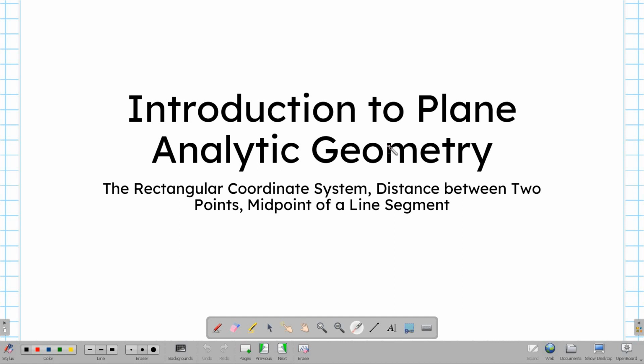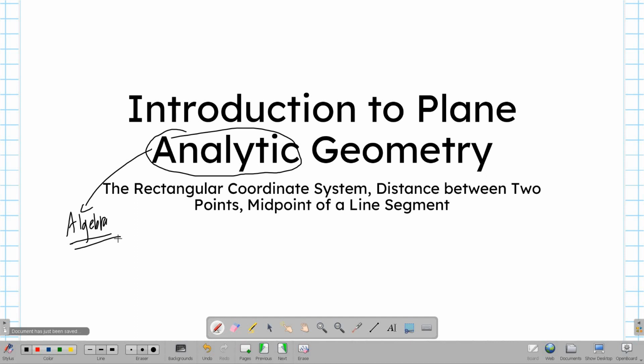Ayun. Nasaan yung algebra? Wala naman yung word na algebra dyan. The word analytic or analysis would usually refer to the algebraic computation or the algebraic processes involved in analyzing the geometric figures that we will have. So, yan yung algebra part.